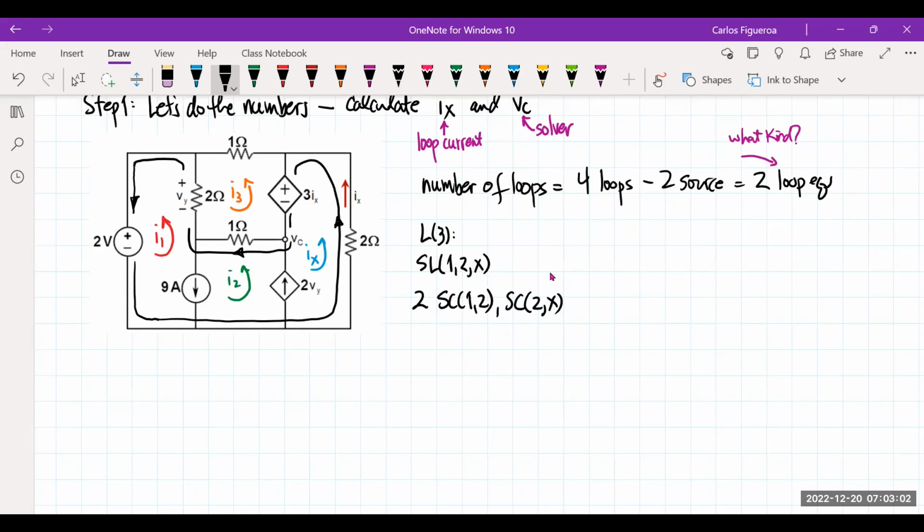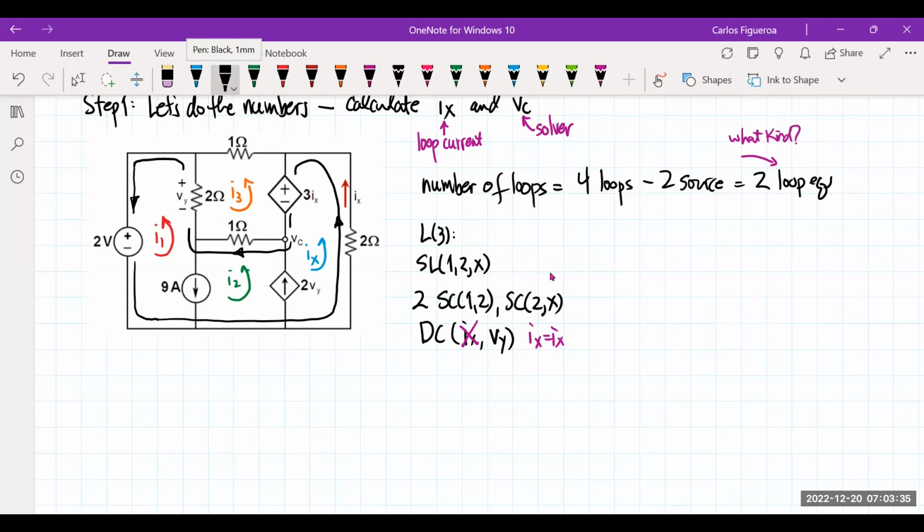Now, if I look at my sources, I have 2 dependent sources. One is Ix, one is Vy. So I have 2 DCs, which will then be Vx, nope, not Vx, Ix, and Vy. But wait a minute, we just chose Ix as one of the loop currents, so we don't need that because that's just Ix equals Ix. So we don't need a DC for Ix.